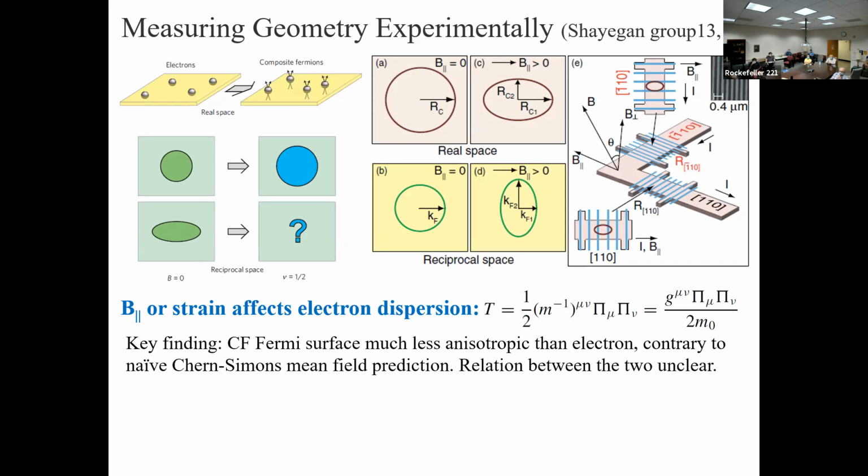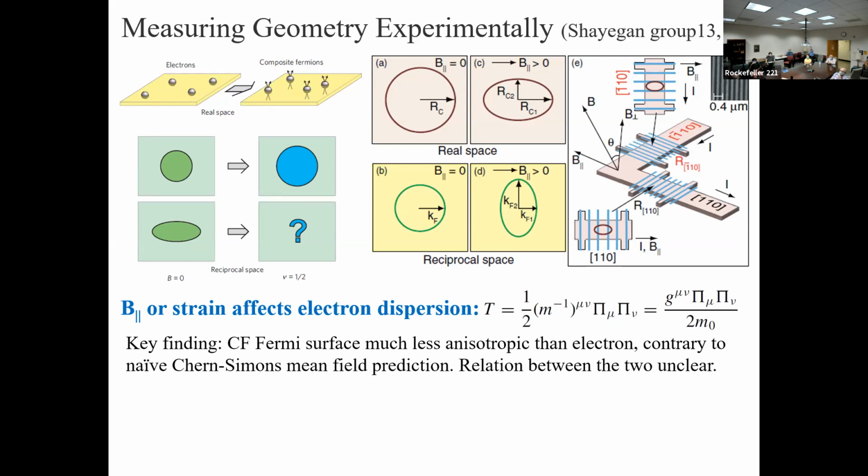So their finding is that yes, as expected, you have less anisotropy. But from the original school of thinking of composite fermions, that's actually a surprise, because if you just do the standard mean field theory, you smear out the flux carried by the composite fermions to cancel the external magnetic field. Then these composite fermions at that level would have exactly the same effective mass tensor as the original electrons.